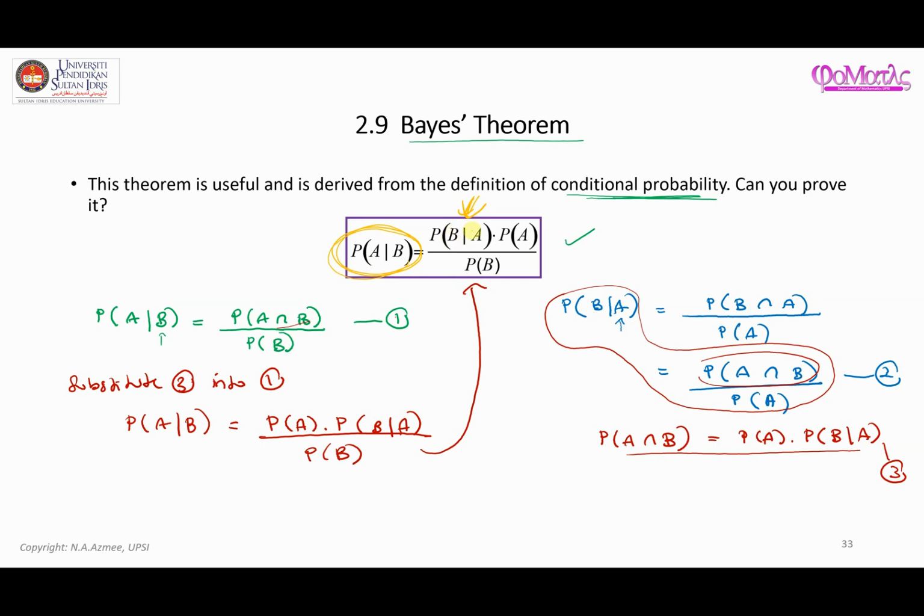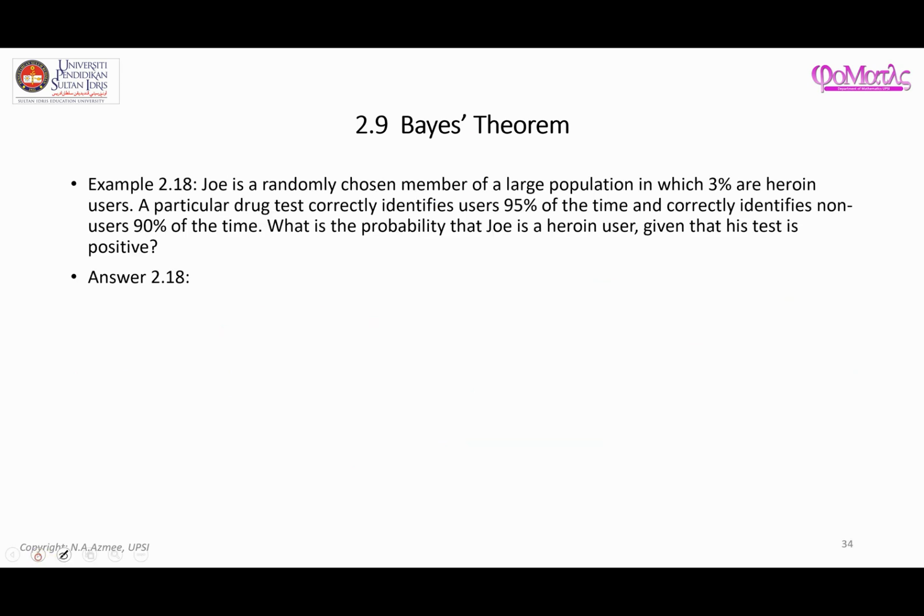You have B given A, so you need to work with that and make sure that with this information you can find this probability given here. And perhaps this idea is better illustrated if you look at the example given here.